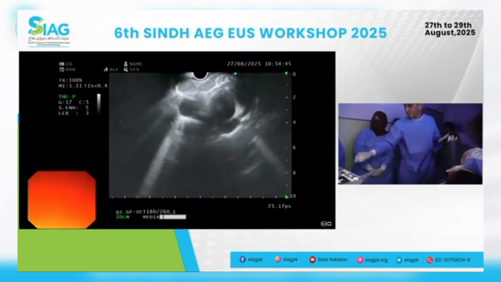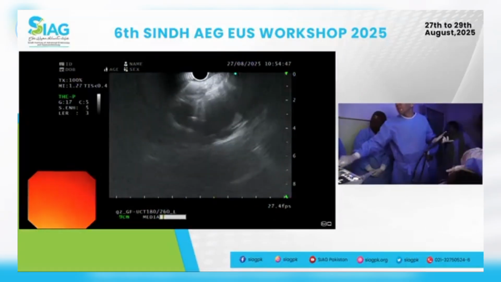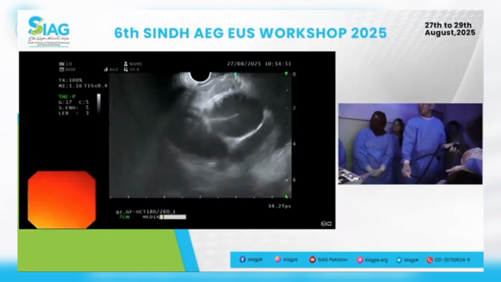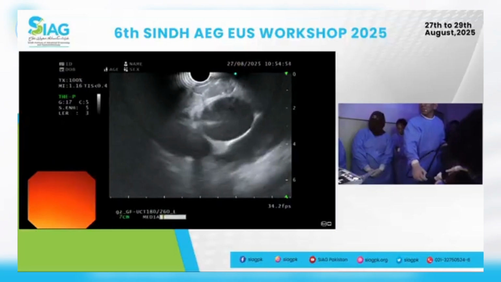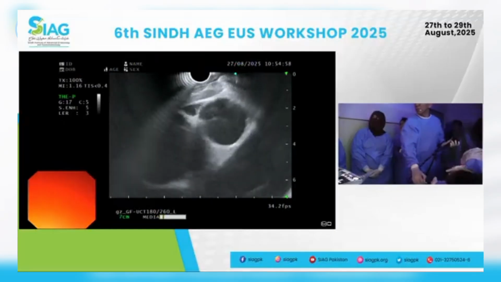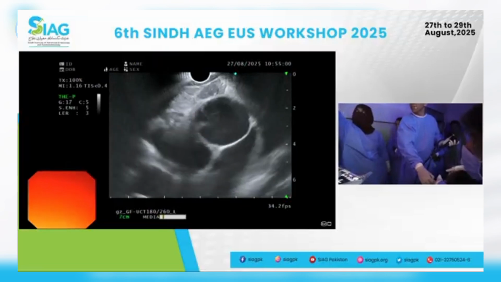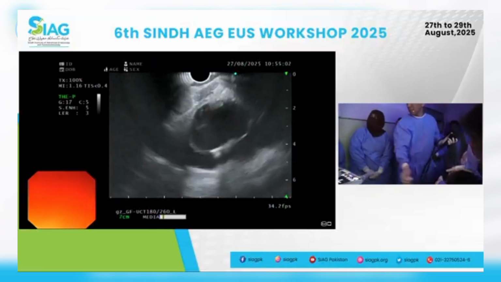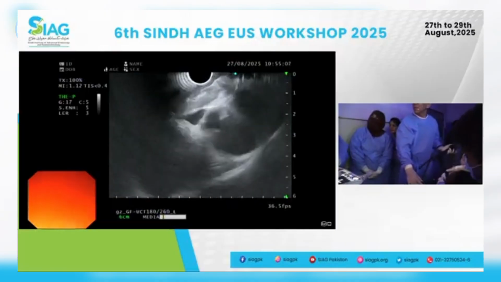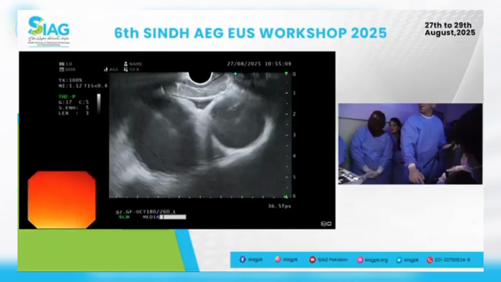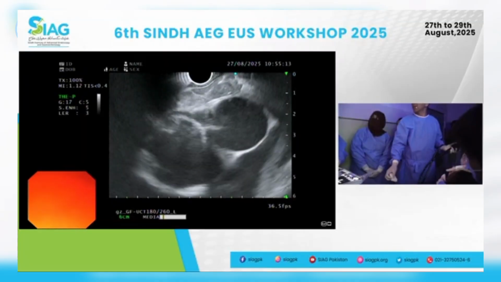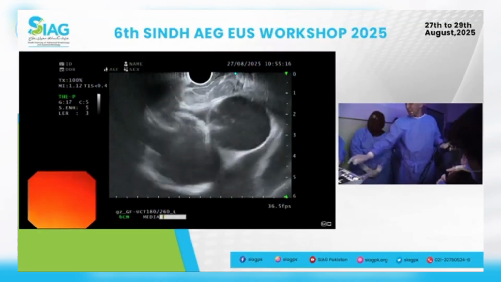Do we have some mediastinal nodes? So there are some nodal structures there. It's got a fatty hilum, and it's not hypoechoic, it's not round, it is elliptical, it may be enlarged.